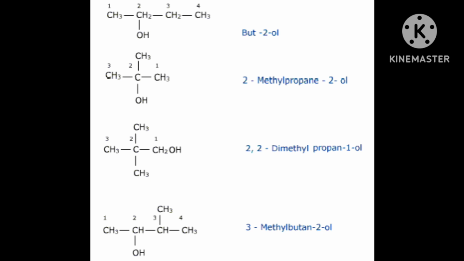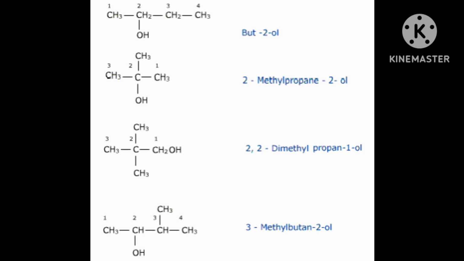Now one more you can write. I told you 7, now you can write 8. Also a possibility is there. How? Now here you write 4, butane, but with the second, OH can attach at second also, the second carbon.